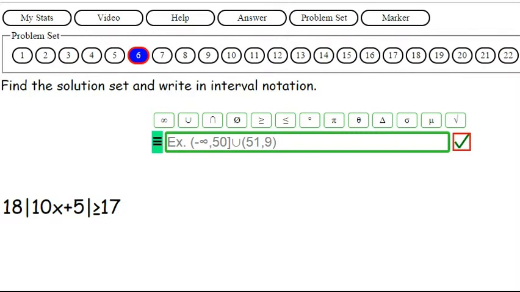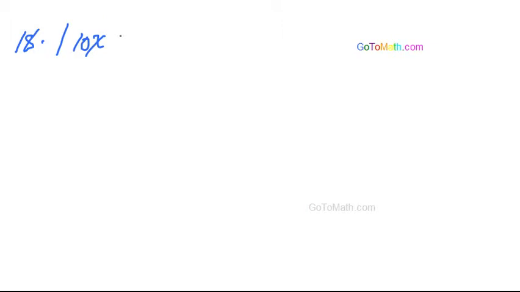We've got 18 times the absolute value of 10x plus 5 is greater than or equal to 17.